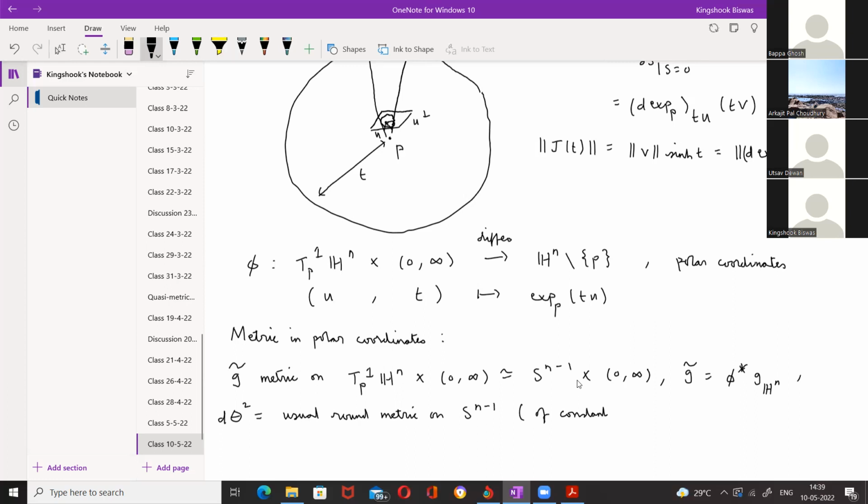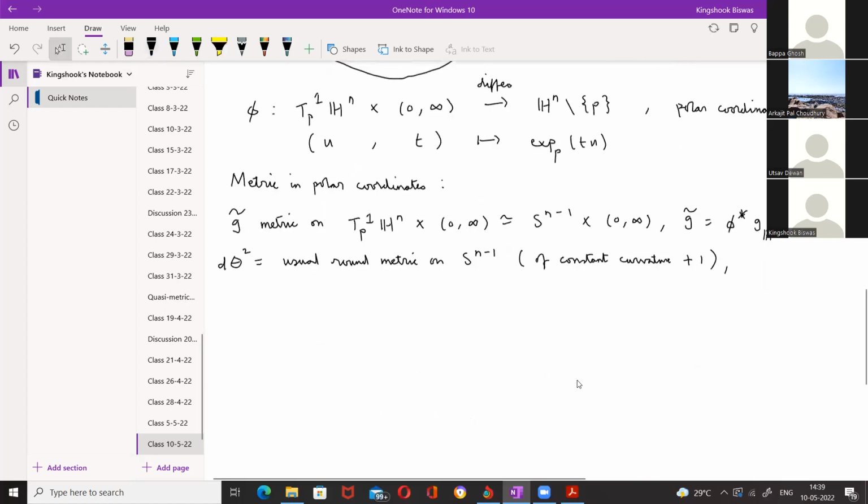Now if I take a point U in T_p^1 H^n and t in (0, infinity), and I take a tangent vector to this, what will a tangent vector look like? Let me give this a name.